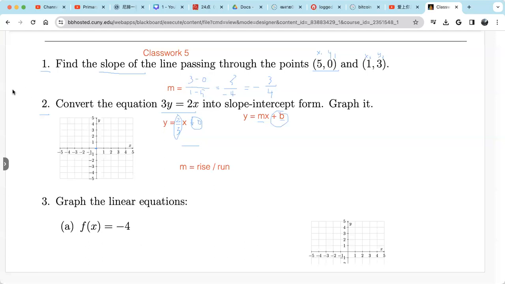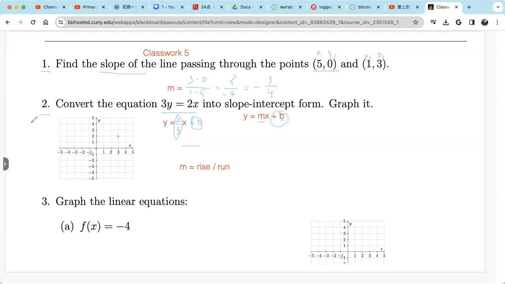So let's use that method. For this case, we rise 2 units, we run 3 units. Both positive means we start from the origin, rise up 2 units, then run positively, to the right, 3 units. So we get another point. We start at this point on the line, rise up 2 units, and run to the right 3 units. That's for positive.